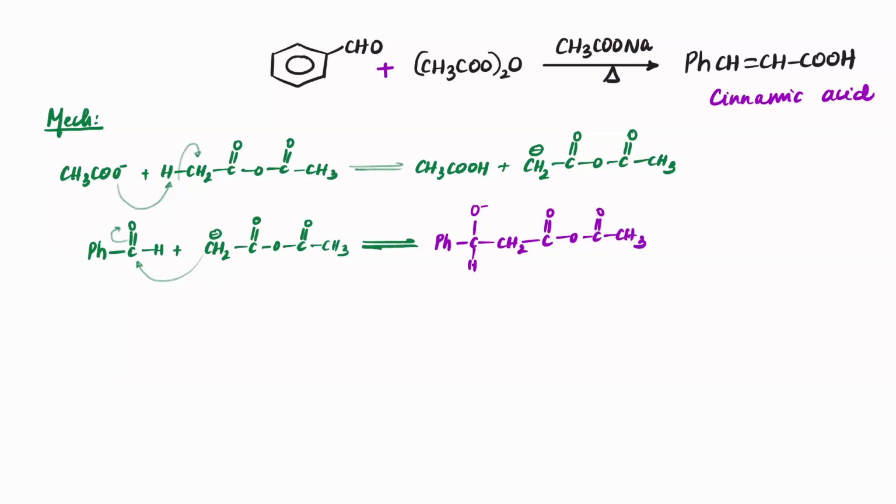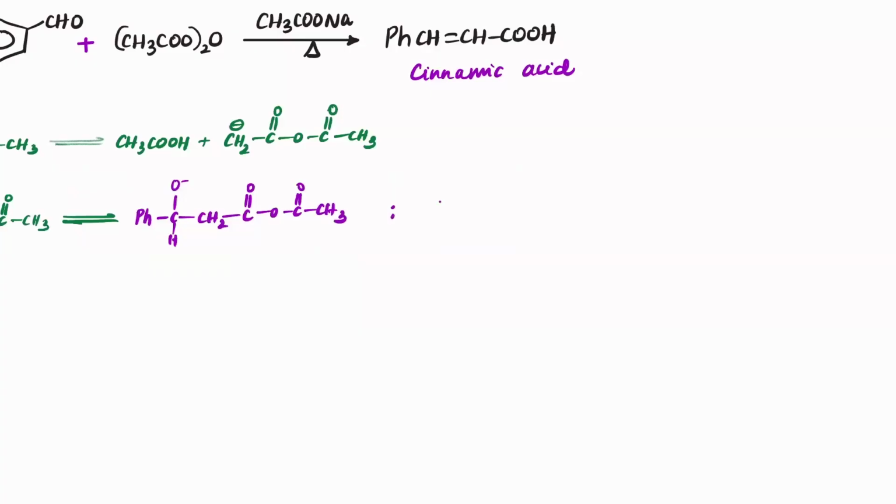Now, if I write this in an oriented structure, you can see Ph, then CH, O minus, then a CH2, then a C double bond O connected to an oxygen, which is connected to another C double bond O and a methyl, like this.